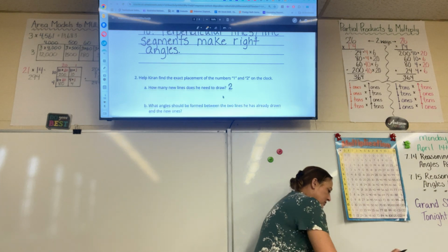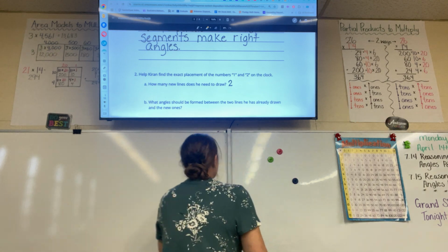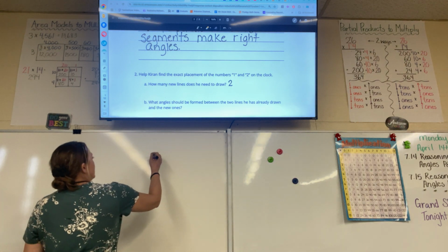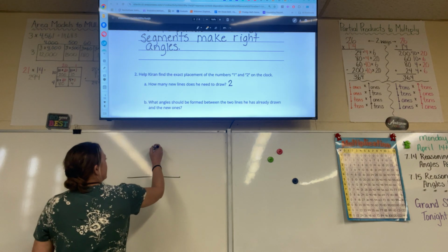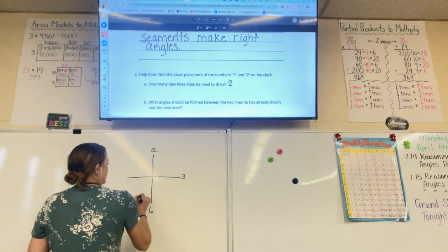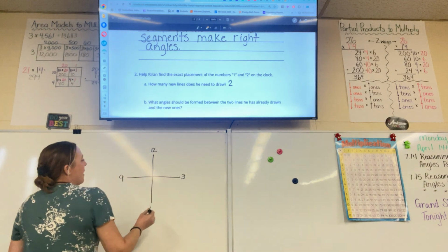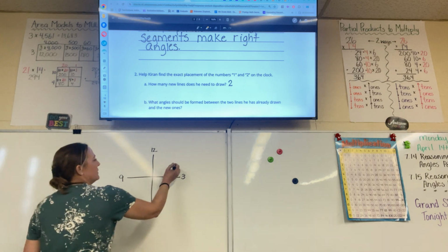And what angles should be formed between the 2 lines he has already drawn and the new ones? Okay, so this is what he's already drawn. He drew perpendicular lines, and he put a 12 up here, and a 3 here, and a 6 here, and a 9 here.